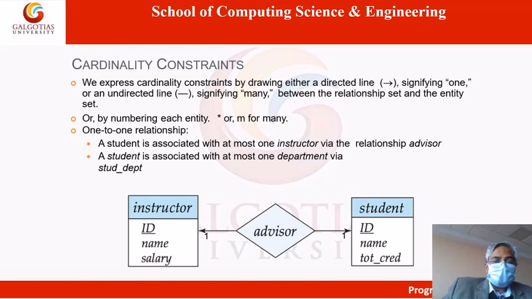And one-to-one relationship, look here, a student is associated with at most one instructor via the relationship advisor. So look here, there is an entity instructor and there is an entity student, and every student has some advisor, but one student may have only one advisor, but one instructor may have different students for being advisor.